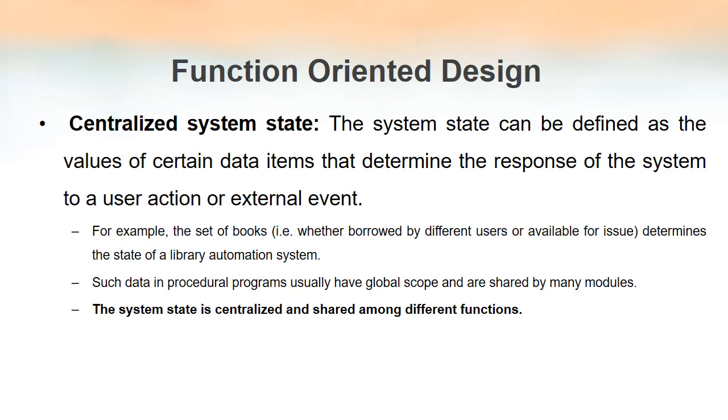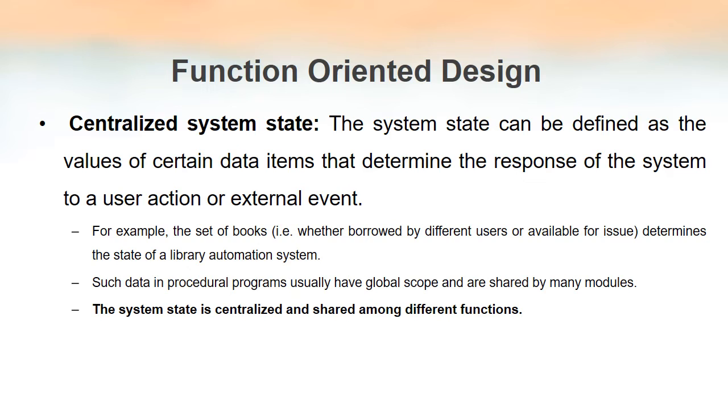When we talk about programming, centralized system state means it is referring to the global variables. We know what a global variable is. In C programming and all, we have discussed global variables. Suppose we are dealing with a software in which there exists a global variable.